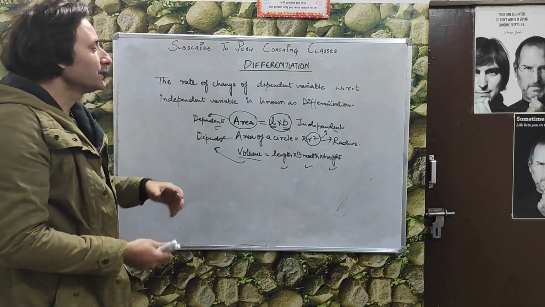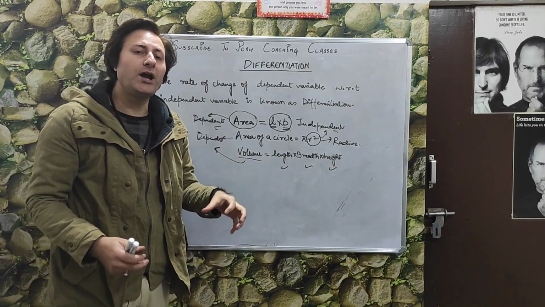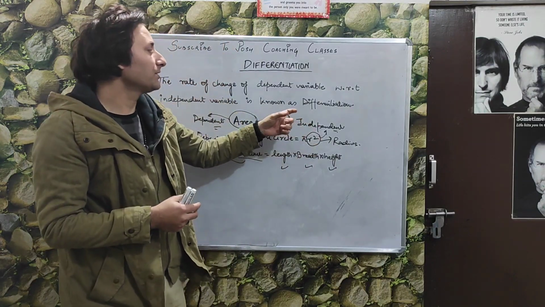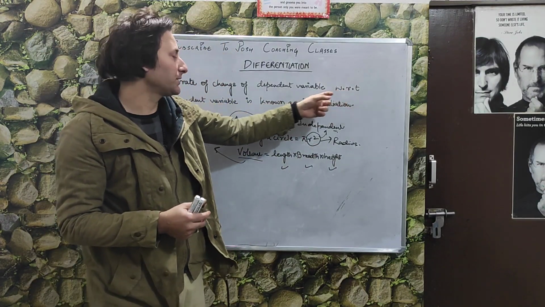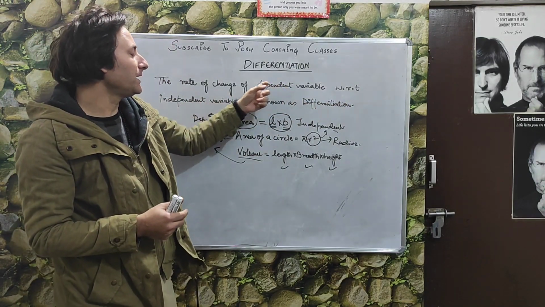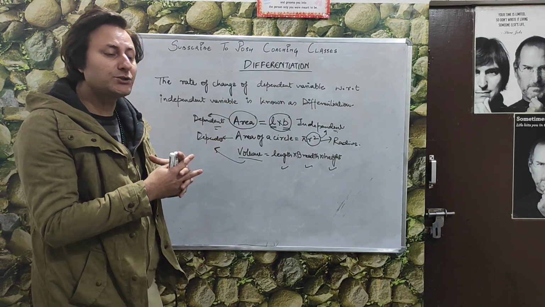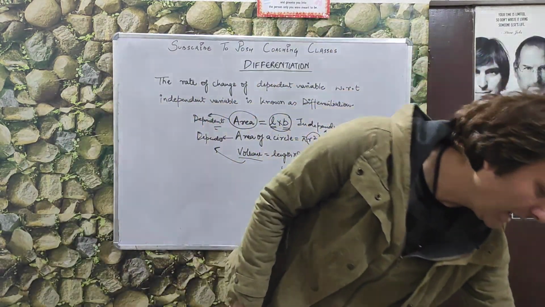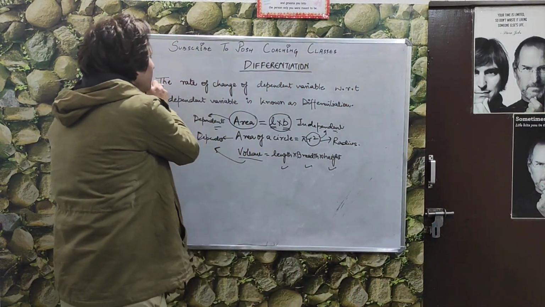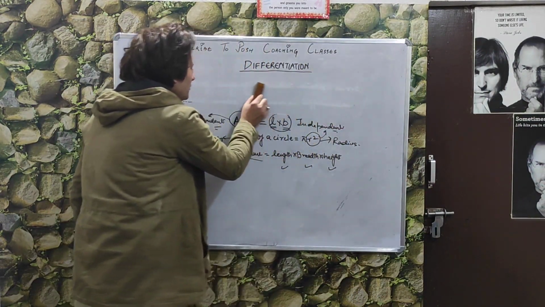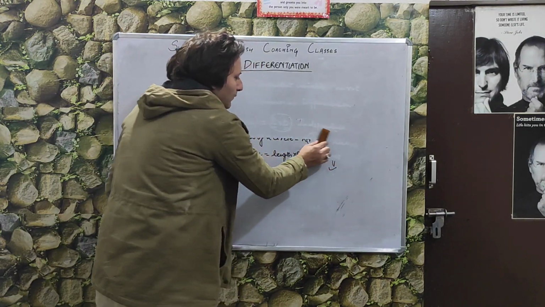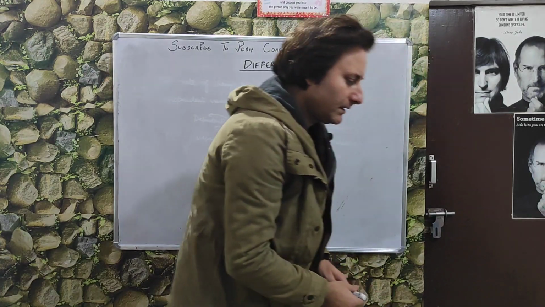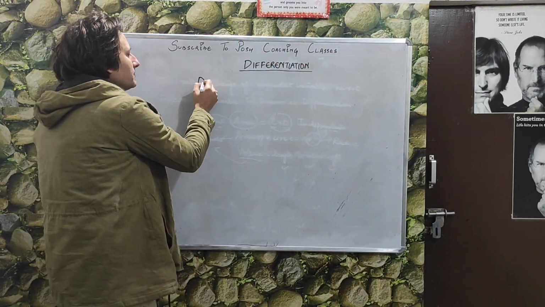So differentiation is where we are making a relation with respect to dependent and independent variables. These two things are very important in differentiation. Now let me rub this off and we will talk about a few more things before going further in differentiation.